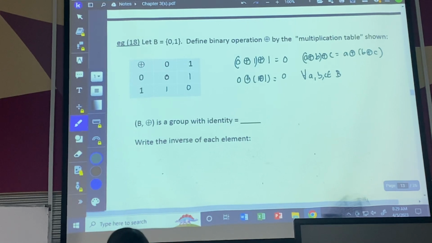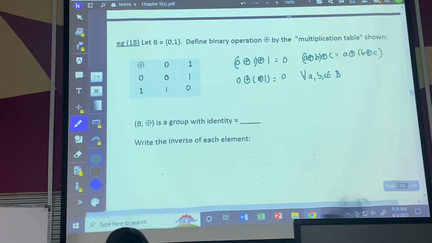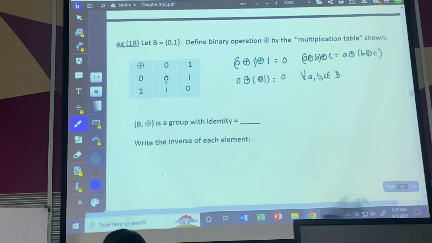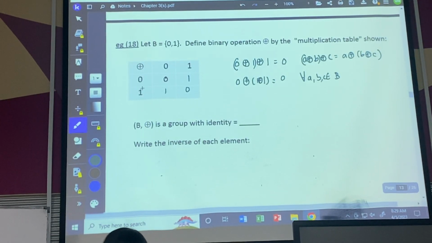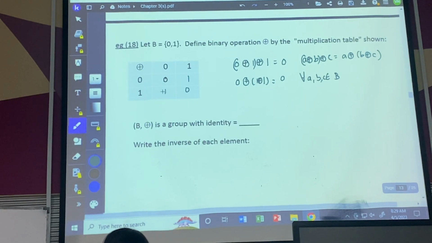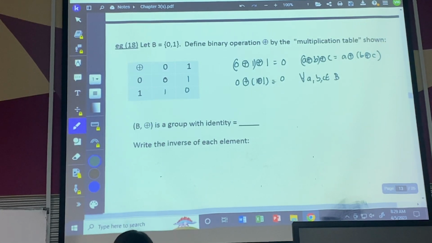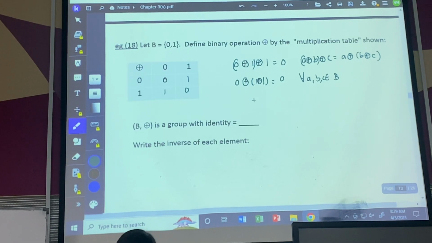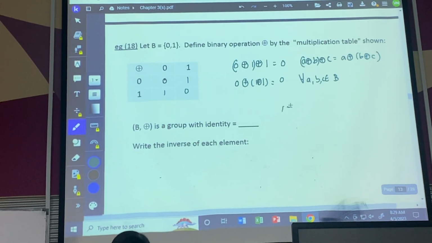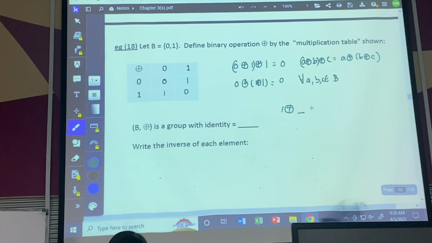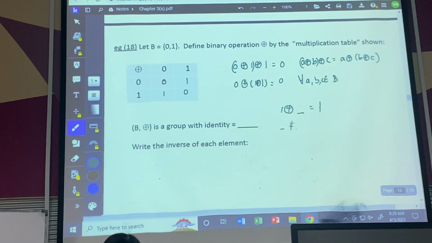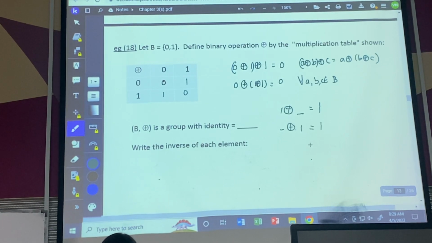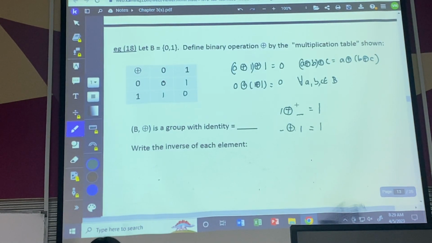How to determine? You see from the table here, you can see that 0 exclusive OR 0 is 0, right? 1 exclusive OR 0 is 1, right? So for identity, you should get back the answer you have. Let's say 1 exclusive OR the identity, you get back 1. So identity exclusive OR 1, you get back 1. So here it should be 0.